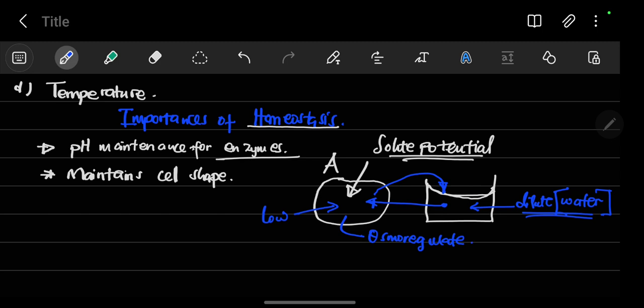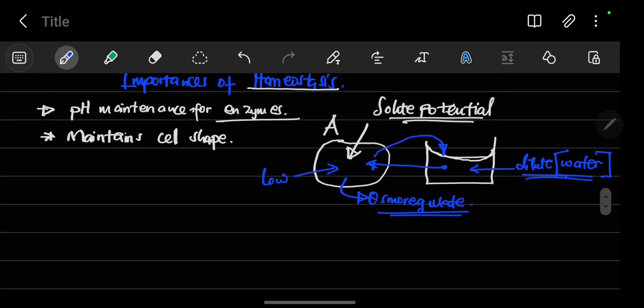How? It has to collect this water, maybe in vesicles or vacuoles, and find means of getting rid of that water. So when it gets rid of that water, then we will say that this cell has maintained its cell shape. If it doesn't do that and water enters excessively, when you look at cell physiology, this cell will burst.